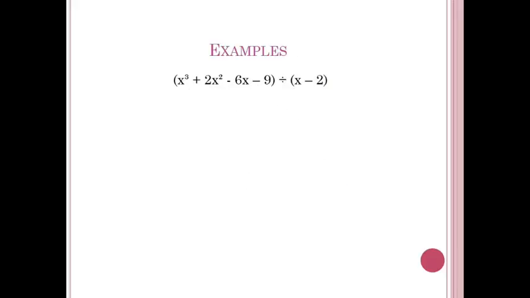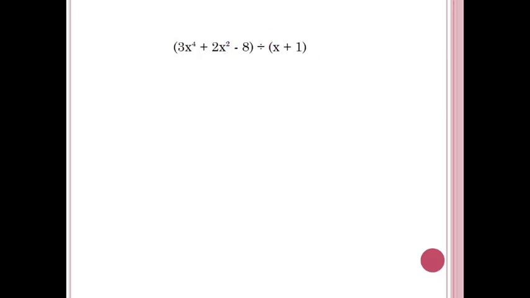Versus synthetic, we have, I think, 2 more examples. Now here we have missing powers of x. We've got x to the 4th, but we don't have an x cubed or an x. So we have to put those zeros in. We want to write x to the 4th, then x cubed, then x squared, then x, and then our constant.